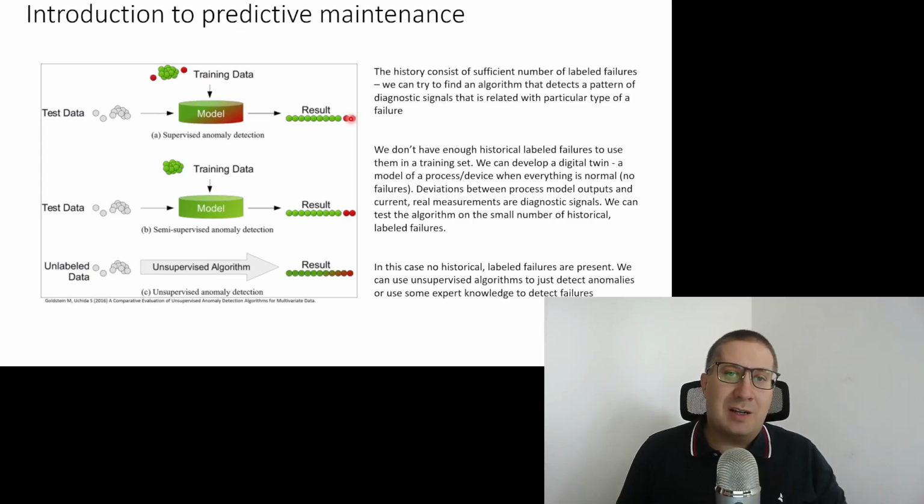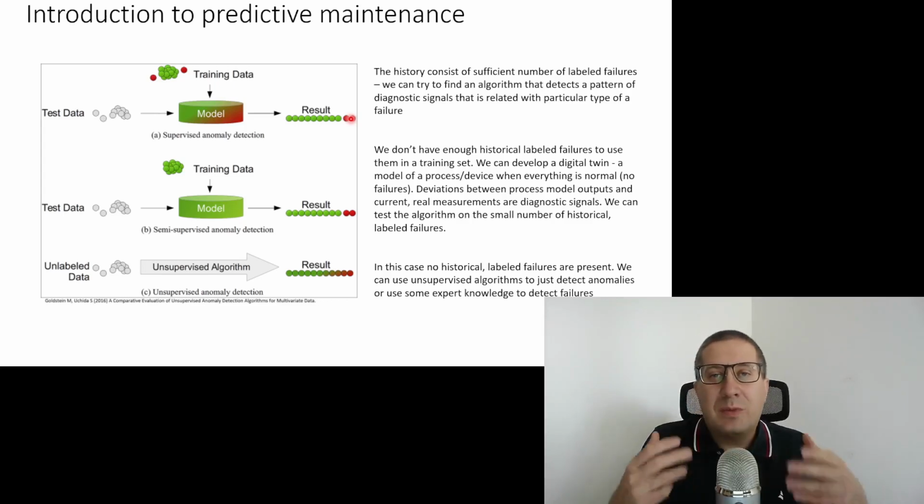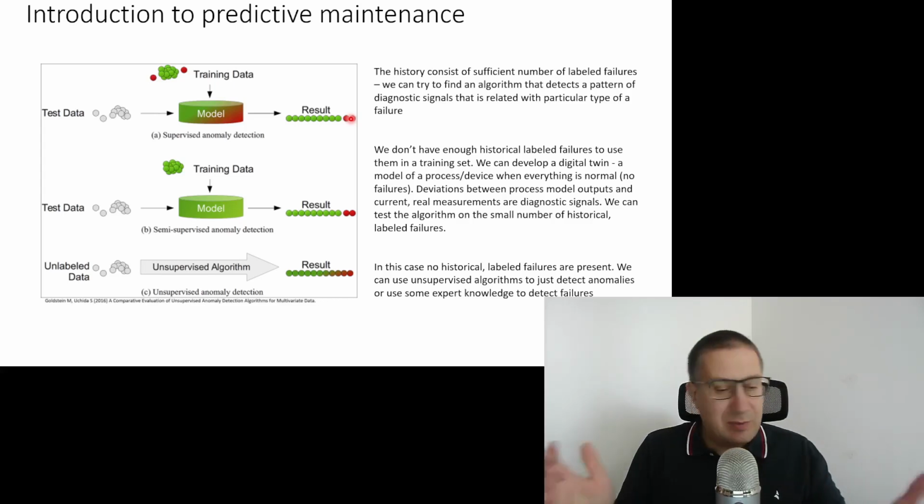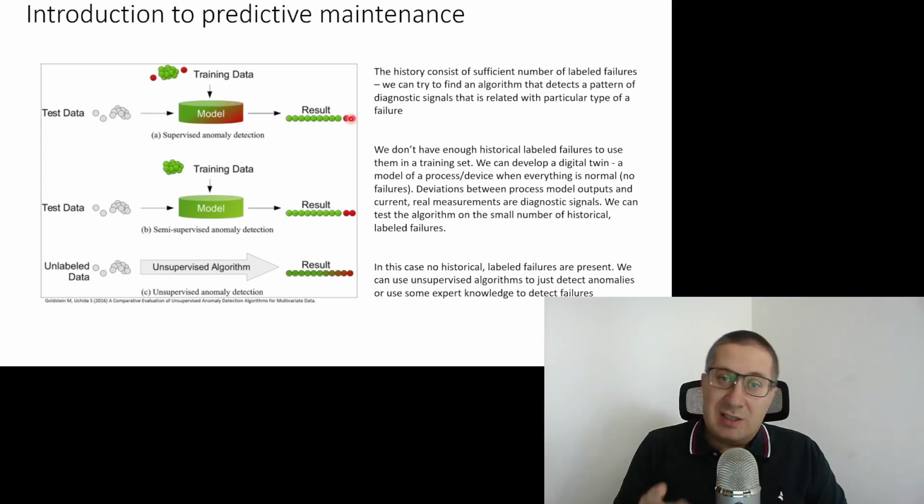If we have such a case, then we can try to create a supervised algorithm, a classifier that will predict the failure, calculating the risk, the probability of a failure. The set will be unbalanced, of course, but we can use different methods to handle this. But this is a very rare situation.